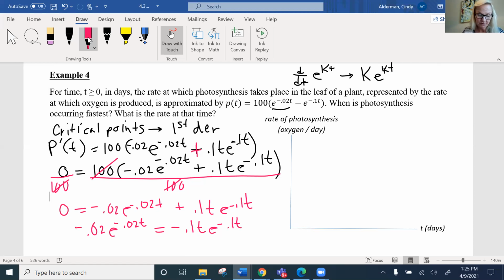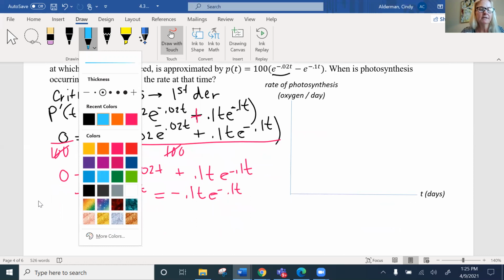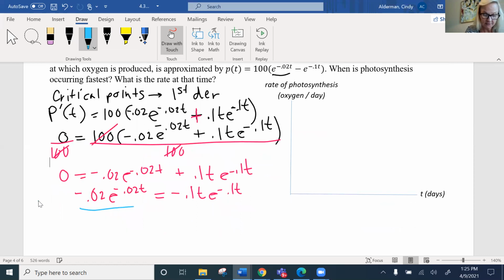Okay, and then remember I'm trying to solve for t here, but 0.02 and 0.1, we can get rid of what they both have in common by dividing it out. So we can divide this side by negative 0.02 e to the negative 0.1t.